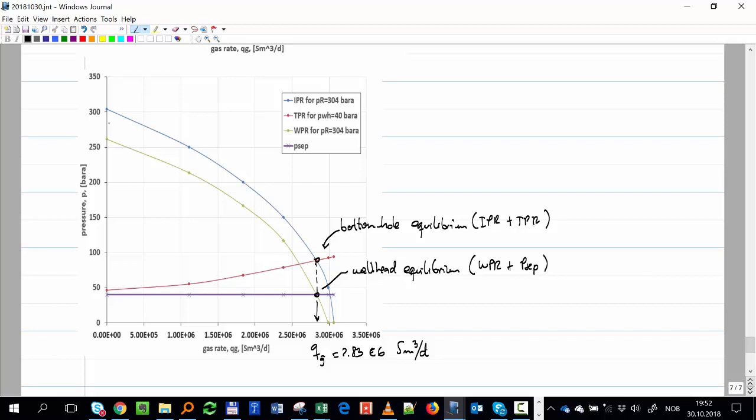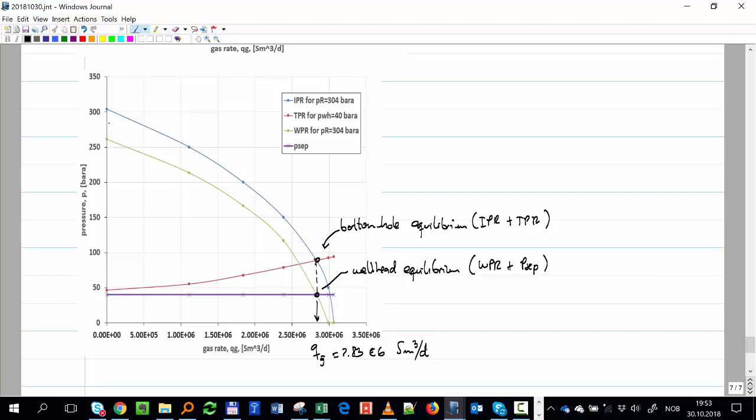Now I move the equilibrium point and I say I will do the same, but I'm going to put it at the wellhead. So I have to move from the reservoir to the bottom hole, from the bottom all the way to the wellhead. And that's the green curve. The green curve involves IPR and TPR, both flowing reservoir and flowing tubing. And now I have to say against which pressure.